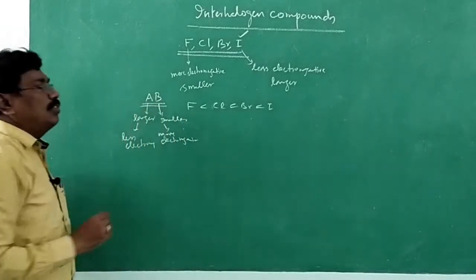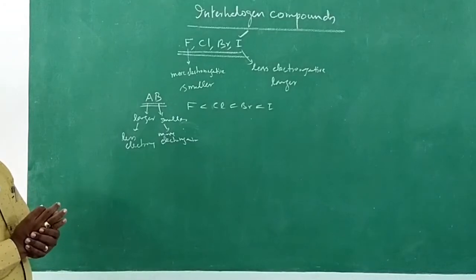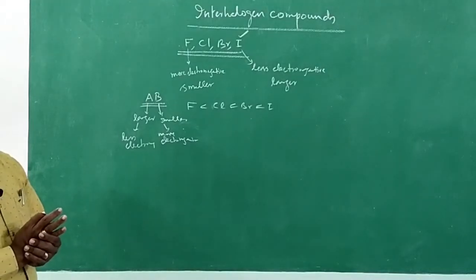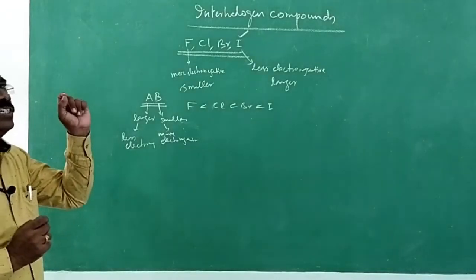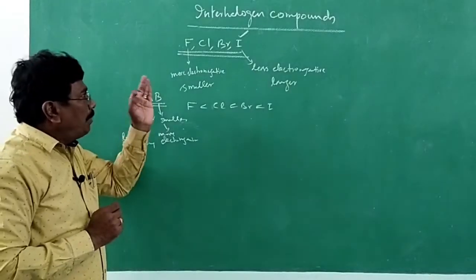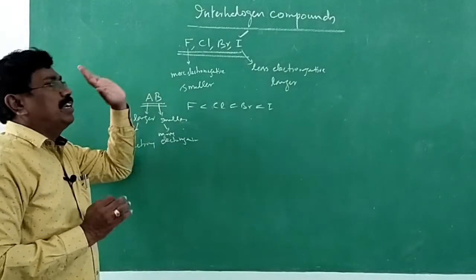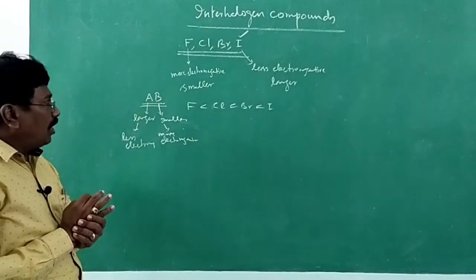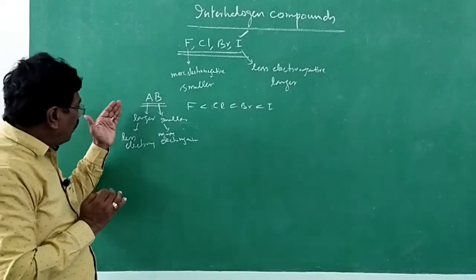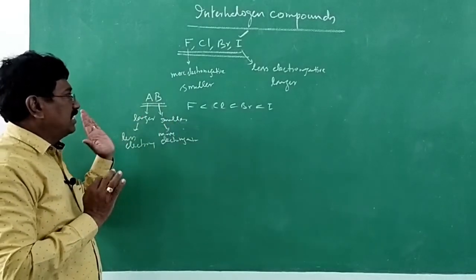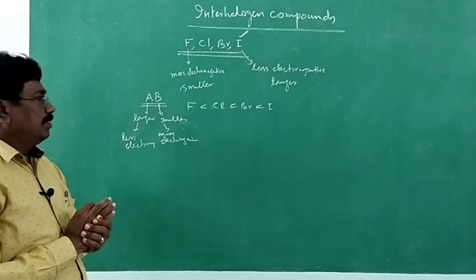So this is how the compounds are always formed. Each halogen combines with another halogen to form an interhalogen compound, and it is only between less electronegative and more electronegative.